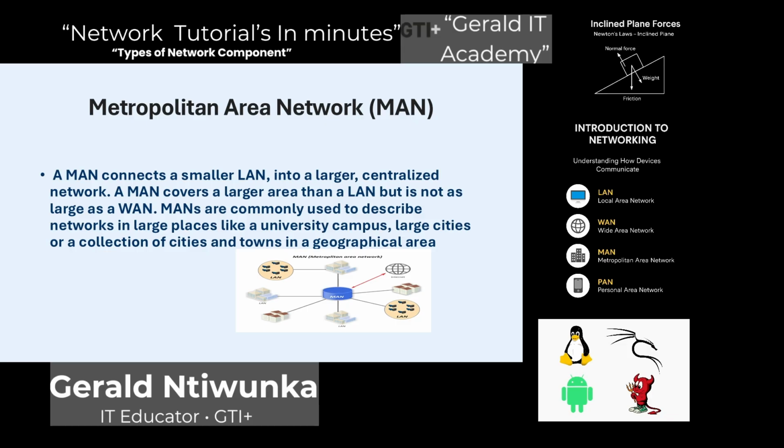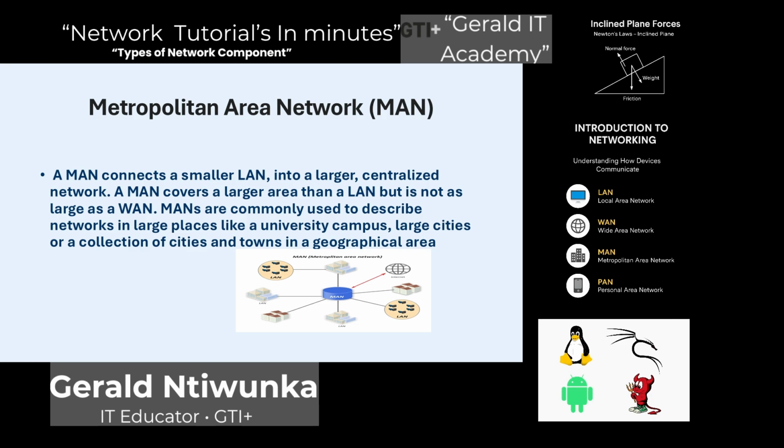They are commonly used to describe networks in large places like a university campus, large cities, or a collection of cities and towns in a geographical area. That is how those ones operate.